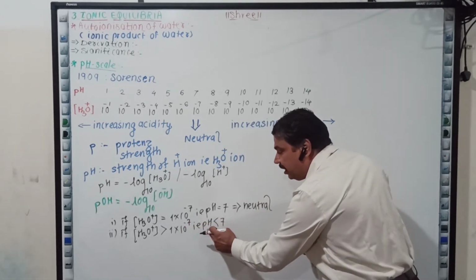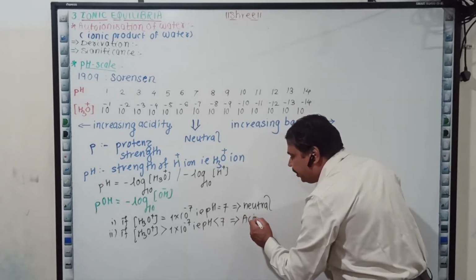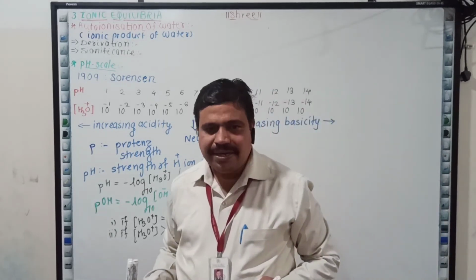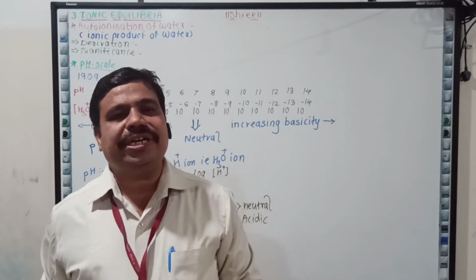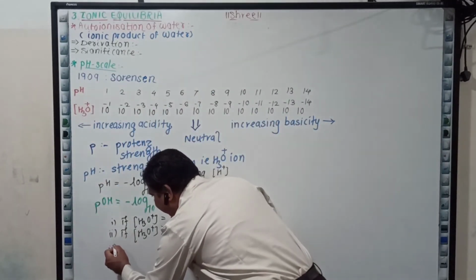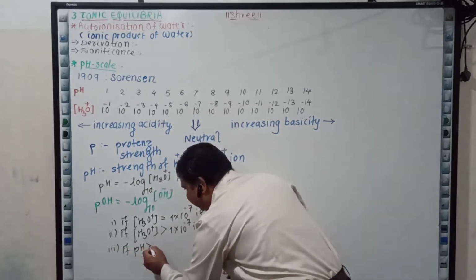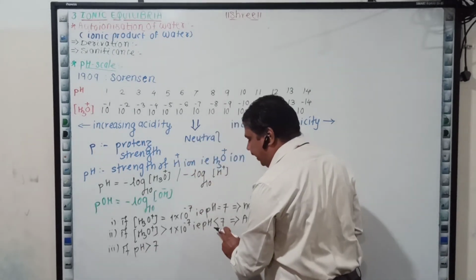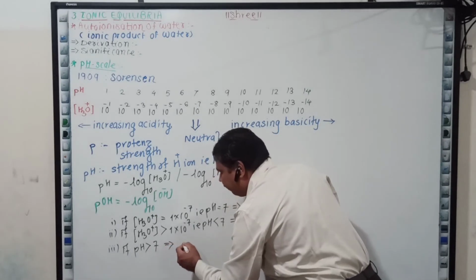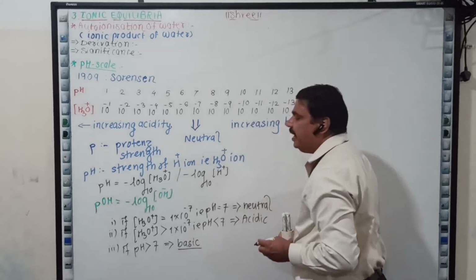If pH less than 7, then that aqueous solution is acidic in nature. And third point, if pH greater than 7, then that aqueous solution is basic in nature.